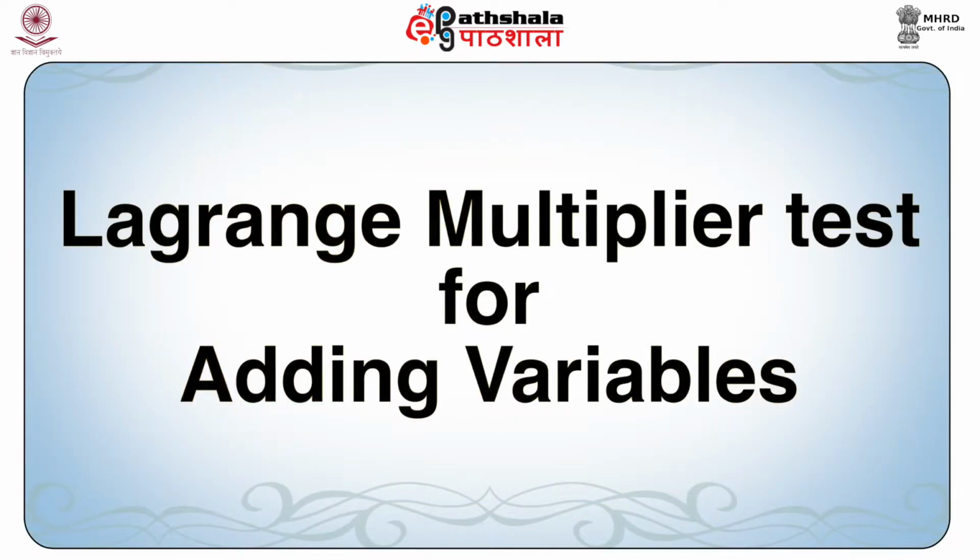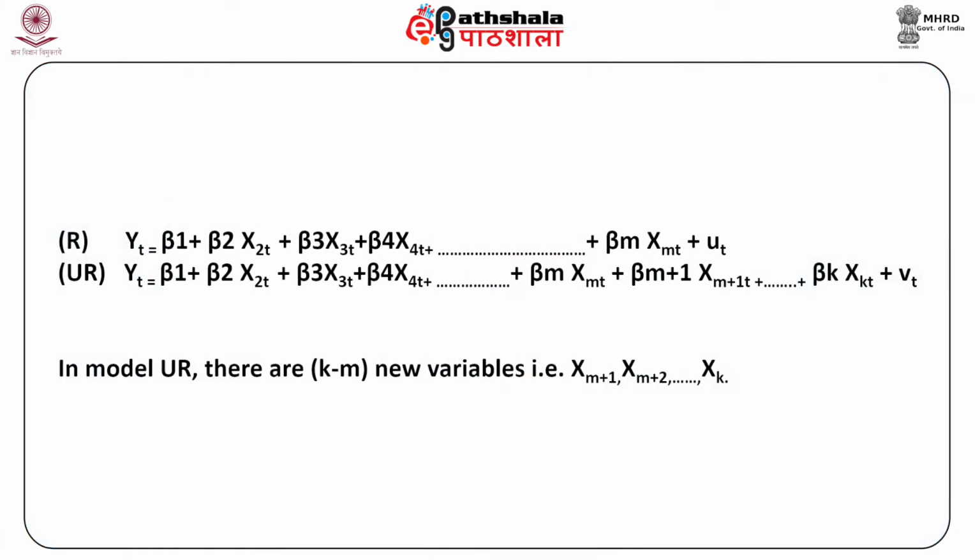Lagrange multiplier test for adding variables. The LM test is used when the researcher wants to know whether additional variables should be included in the model or not. Consider the following restricted and unrestricted models for example. Restricted model: yt is equal to beta 1 plus beta 2 x2t plus beta 3 x3t plus beta 4 x4t till beta m xmt plus mu t.